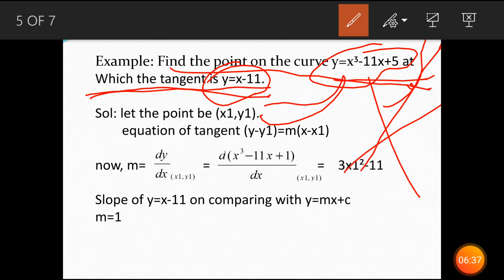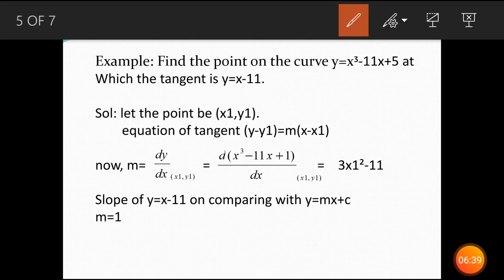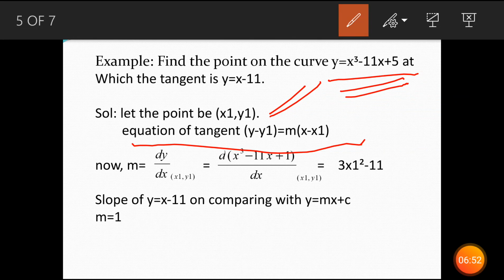Okay, so how to do that? Just see. First of all, we have this curve. Let the point be x1 and y1. If the point is x1 and y1, then equation of the tangent should be this, that we have already studied. Now suppose the curve is given this, so how will you calculate the slope? By differentiating this.